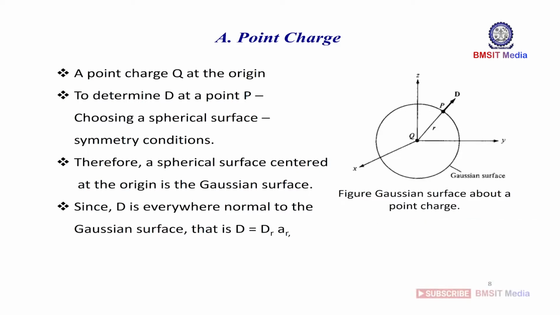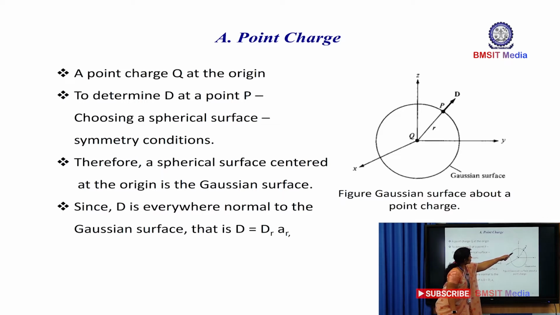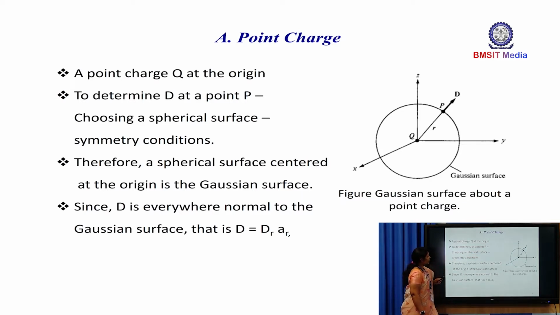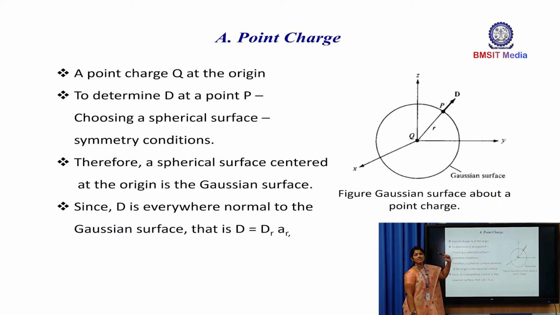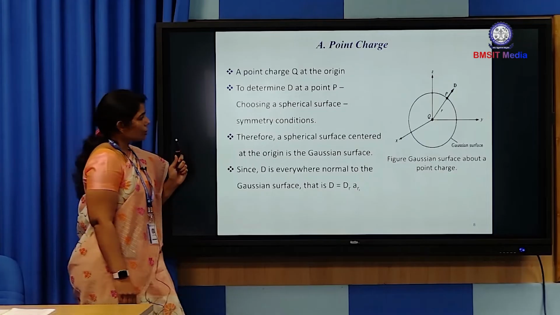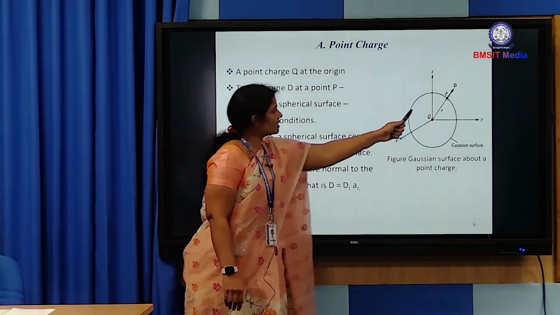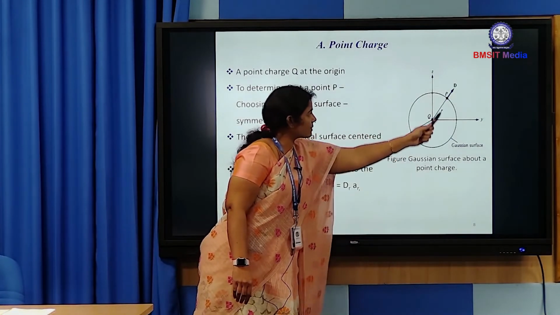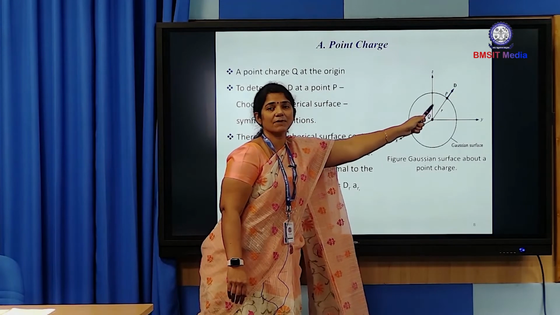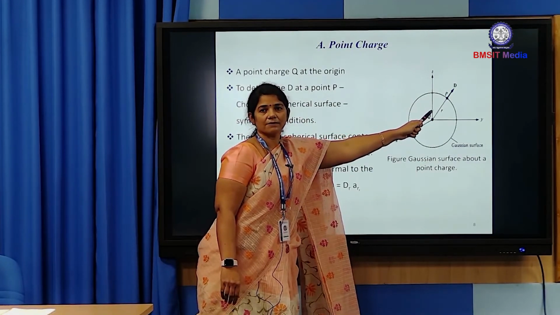When you are taking a point P to determine electric flux density D, you should make sure that your spherical surface, on which you choose the point, has the symmetry condition. So we assumed that we have taken the point on the spherical surface in such a way that it is maintaining symmetry condition.